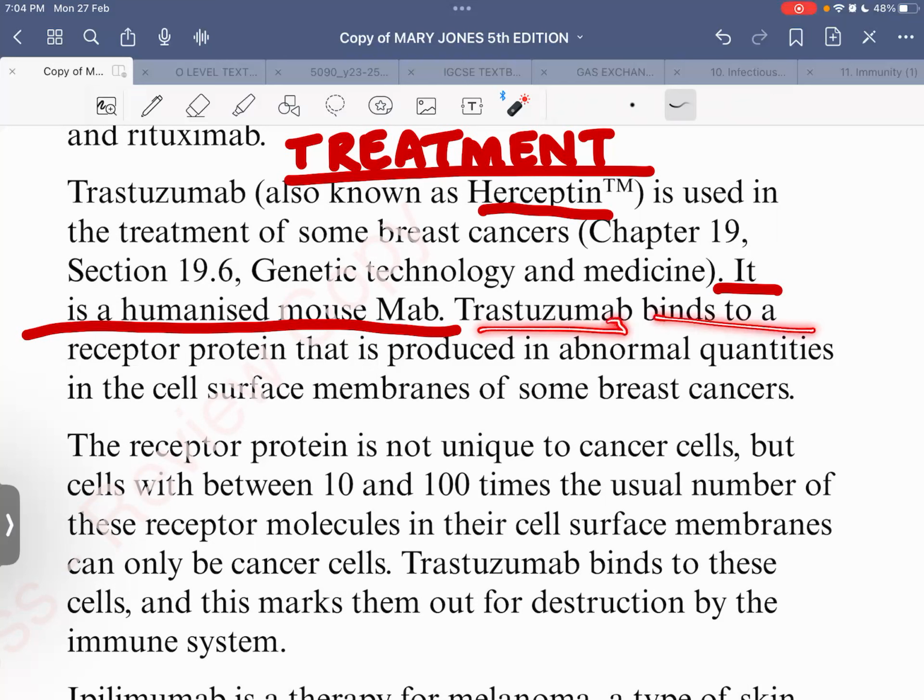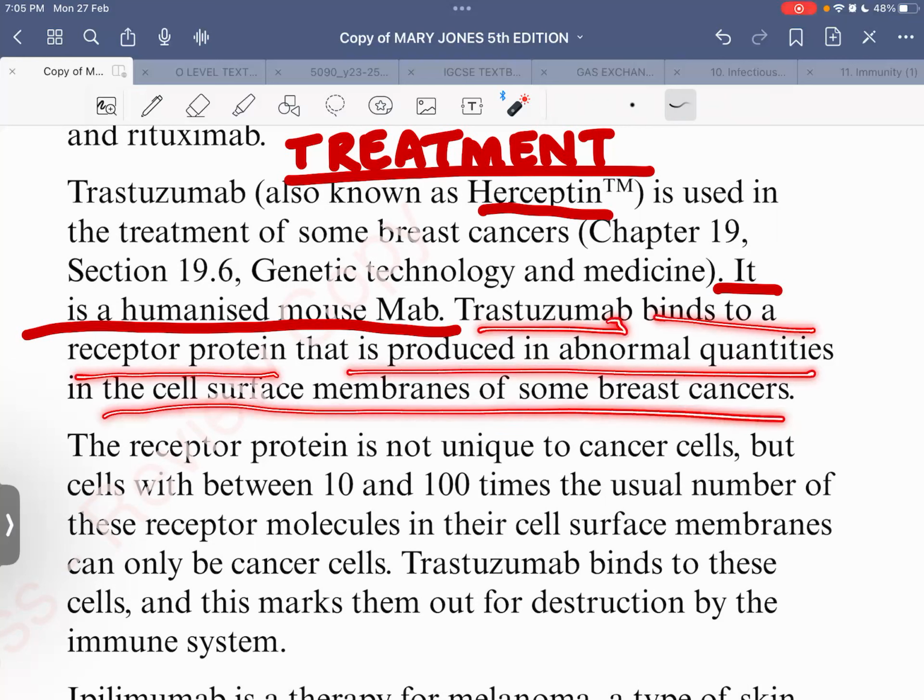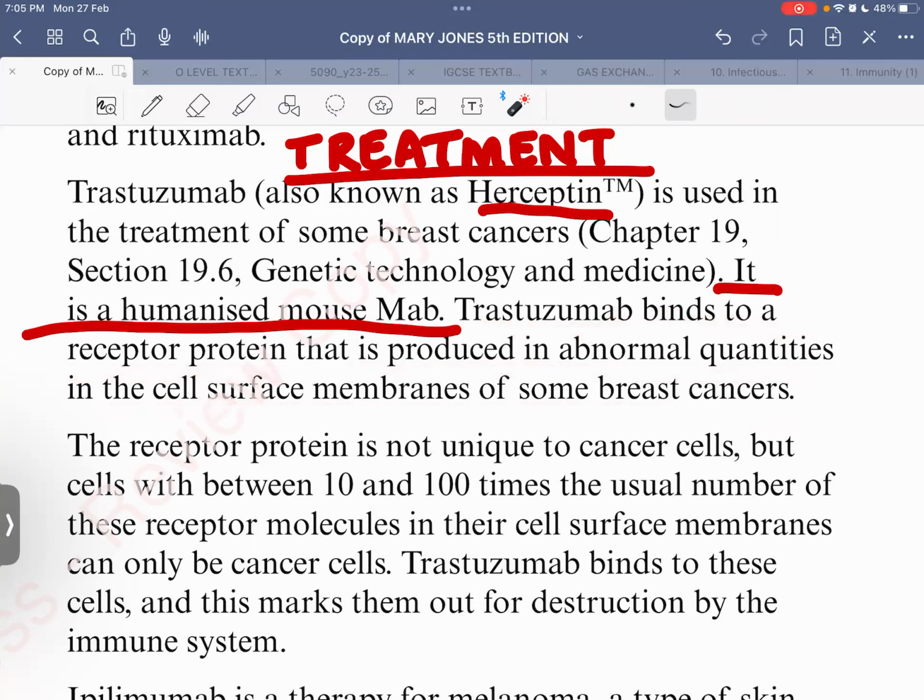It binds to a receptor protein that is produced in abnormal quantities in the cell surface membranes of breast cancer. यानी कि breast cancer, if a woman is suffering from breast cancer, then she has many abnormal cells, the cancer cells, and there on the surface of those abnormal cancer cells there is a receptor protein. तो ये वाली Herceptin antibody क्या करेगी? जाके उस receptor protein से bind कर लेगी.